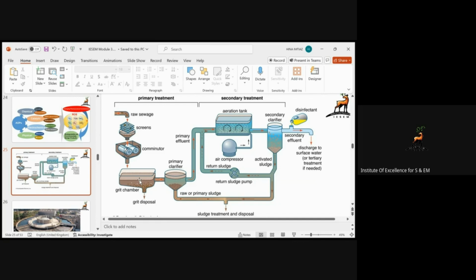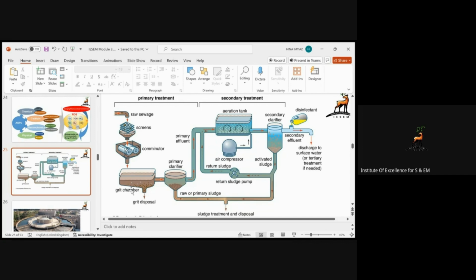Here in the grit chamber, the grit is removed from the bottom because the grit is heavy, and the phenomenon of gravity is adopted here.